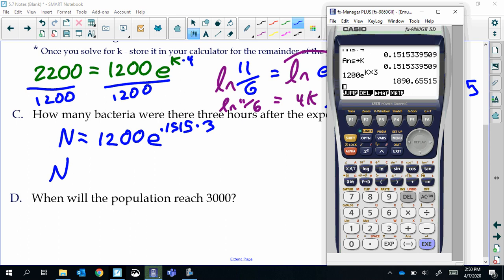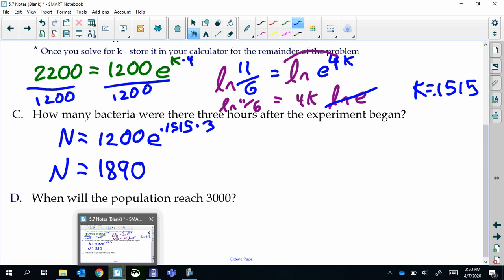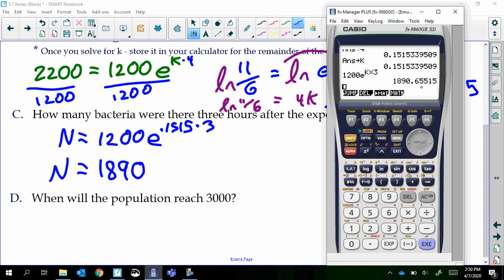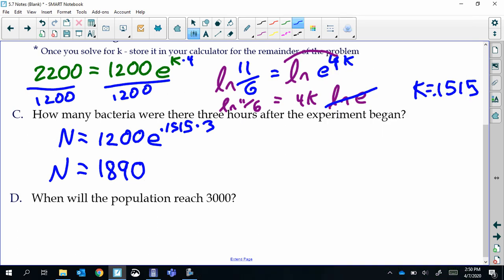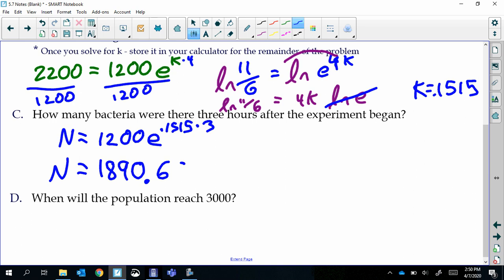That number is 1890. You could round that up, or you can even just keep the decimal. It doesn't really matter. Won't be too picky about that.